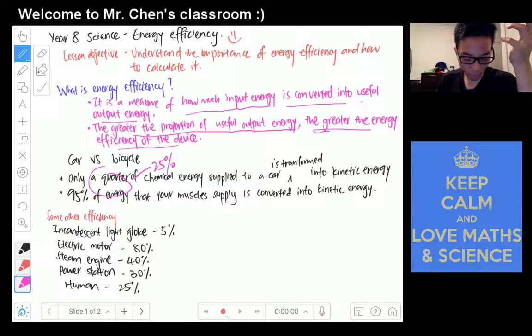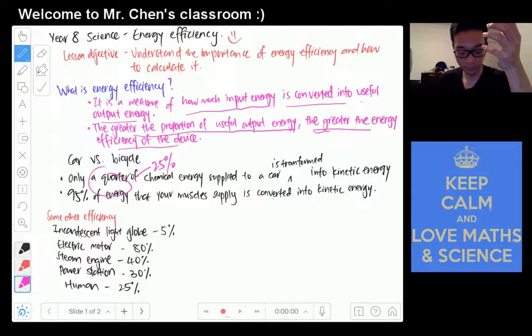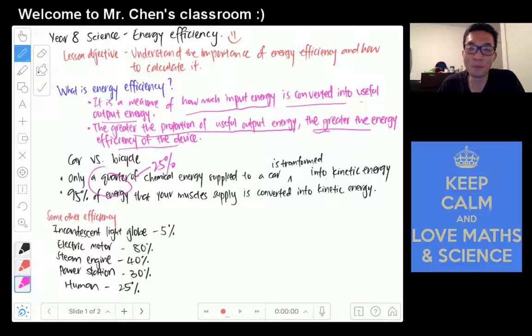Electric motors are 80%, steam engines 40%, power stations 30%, and humans are 25%. So we are not a very efficient robot, if we were a robot. That's some of the statistics about energy efficiency.